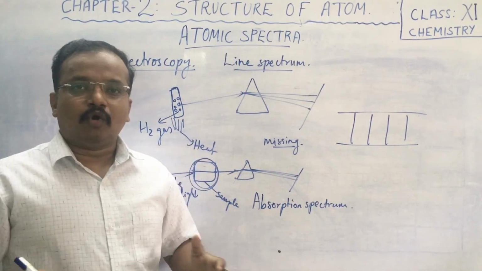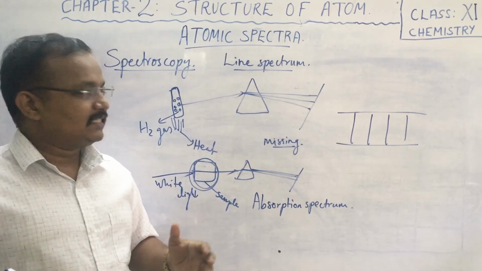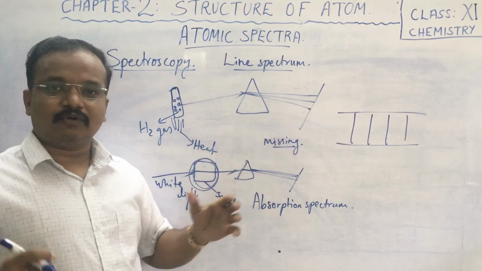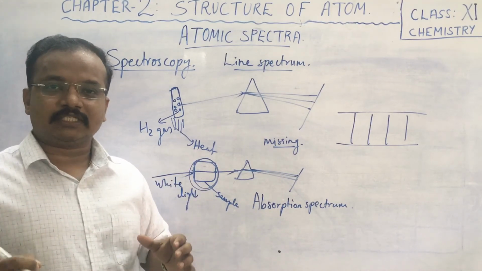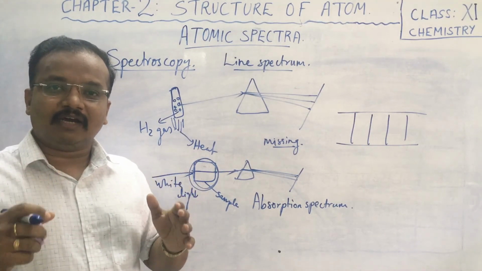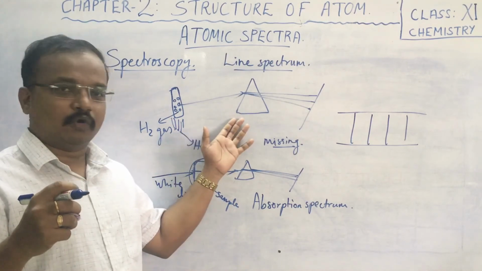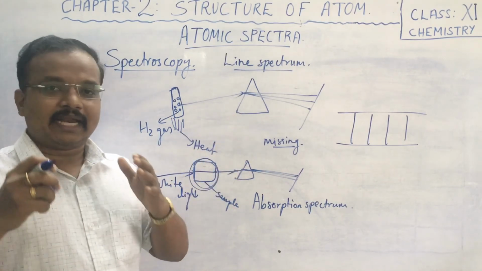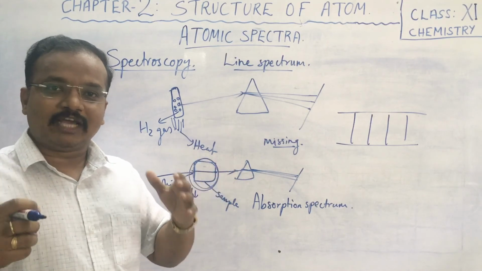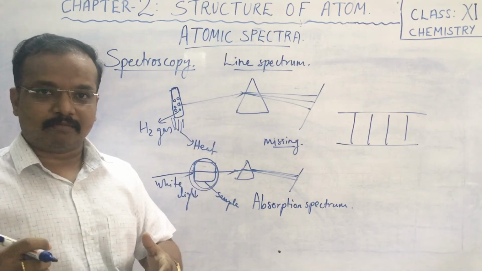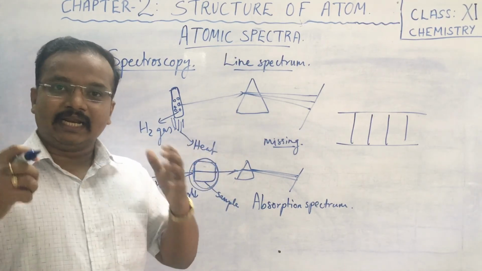What is the main important thing we have to note from here is that line spectra has very much importance, because a particular element will have a particular type of line spectra only. So we can identify which type of element is present in a particular sample by looking at its line spectra.